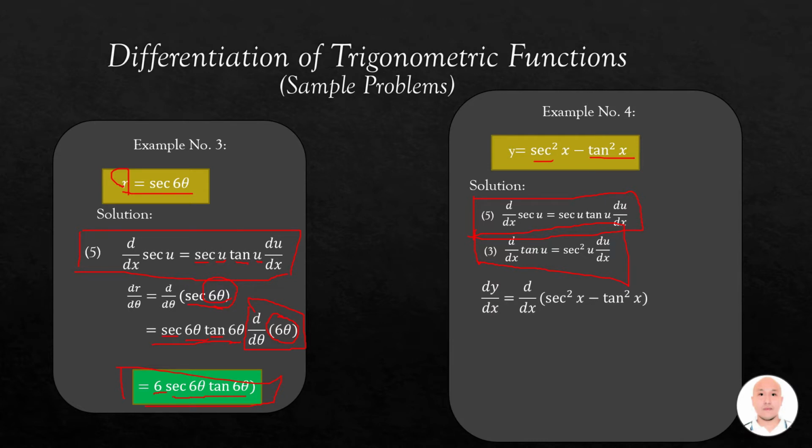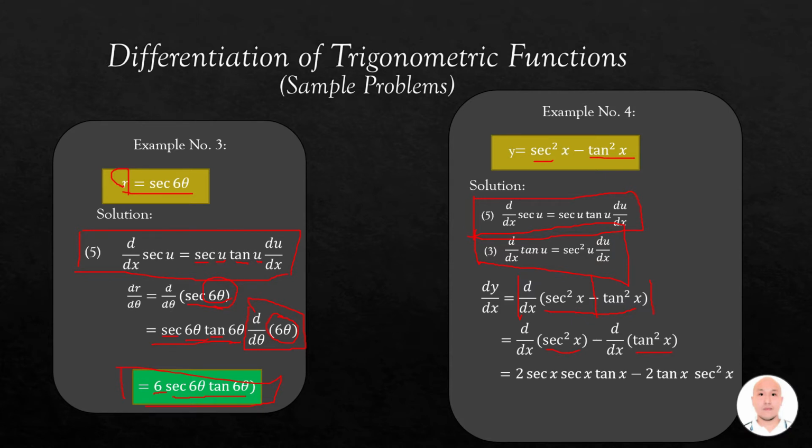Then dy over dx is equals to d over dx secant squared x minus tangent squared x. So now we will divide this form into 2 so that we can differentiate each individually. So here it is, d over dx secant squared x minus d over dx tangent squared x.